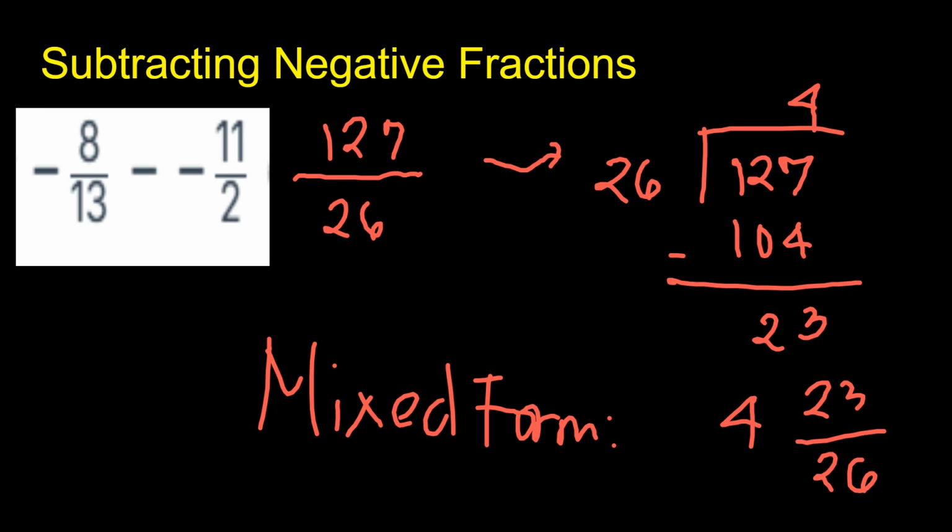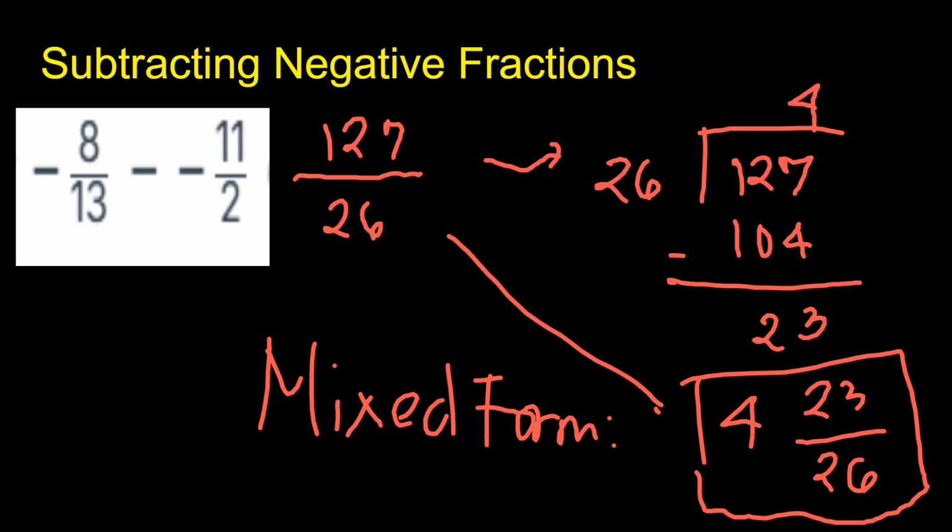So the mixed form of 127 over 26 is 4 and 23 over 26. I repeat, the mixed form of 127 over 26 is 4 and 23 over 26.